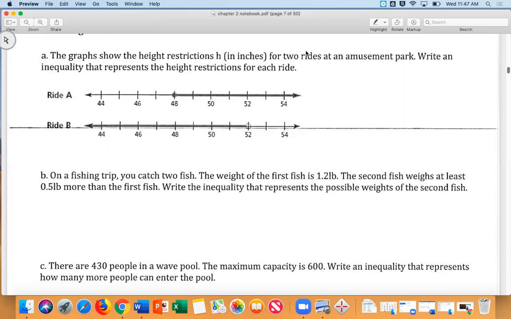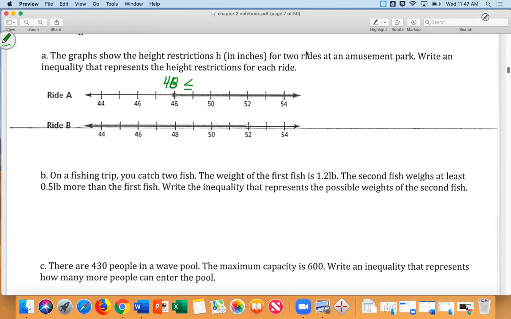We have ride A and ride B. It says we need to know the restrictions on it. Well, this is going to be the type with loops in it, because you have to be taller, you have to be bigger to ride it. So here we have 46. Now that looks like it's a closed circle. Okay, so I'm going to put a closed circle. And the reason 48. Is it? Yes, it is.